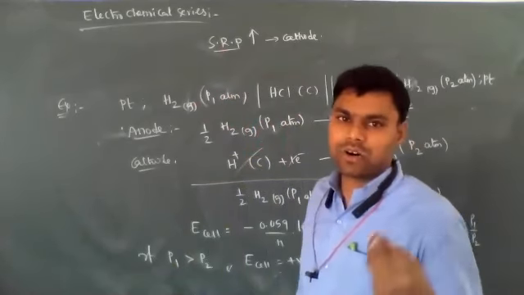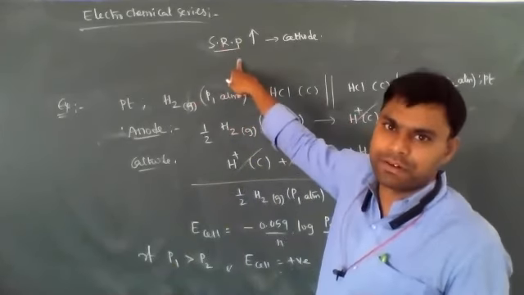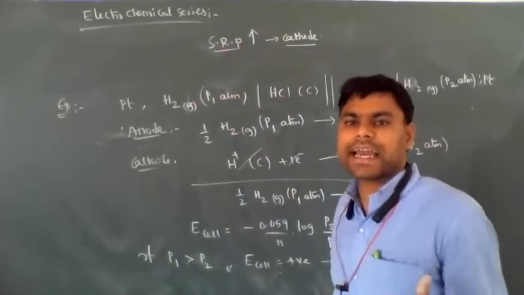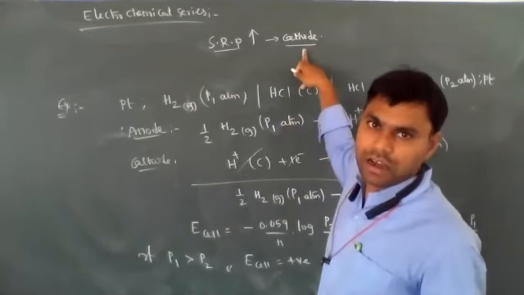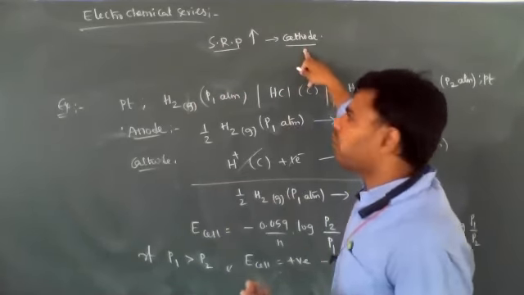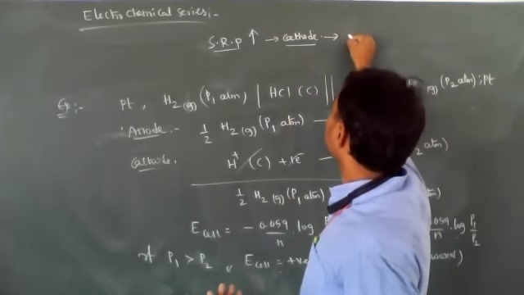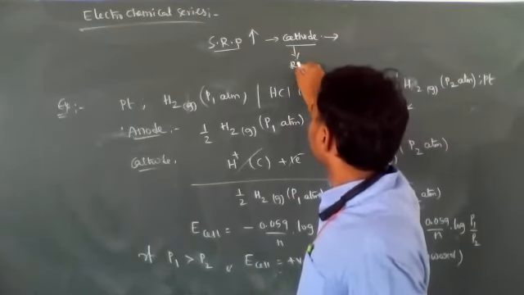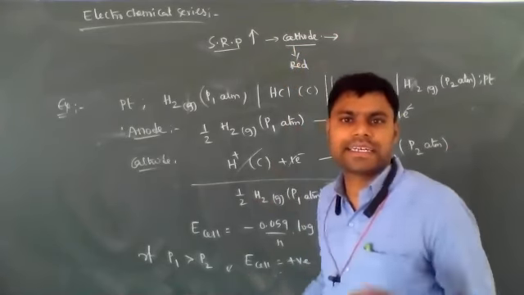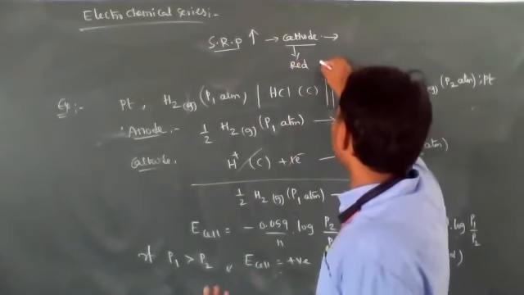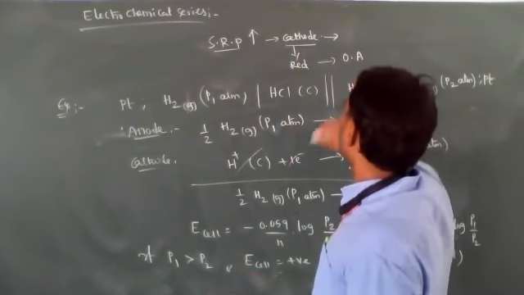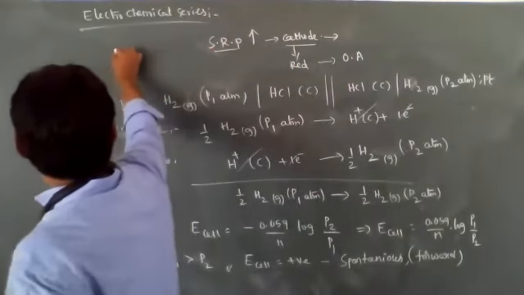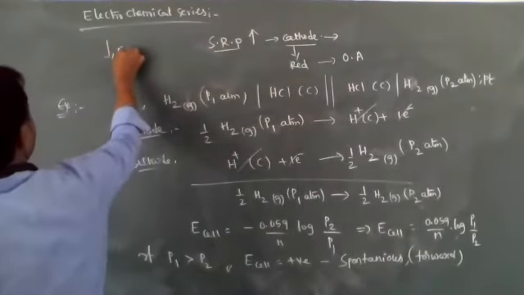So the electrodes having higher SRP values act as a cathode, meaning we can consider them as the cathode half cell. At cathode, reduction takes place. The substance which undergoes reduction easily acts as a strong oxidizing agent.